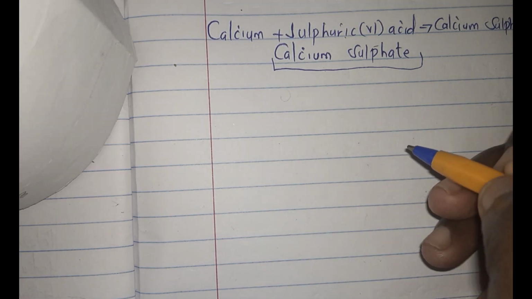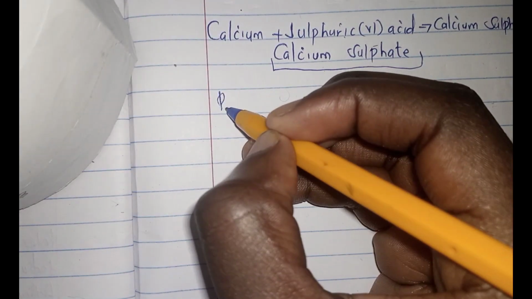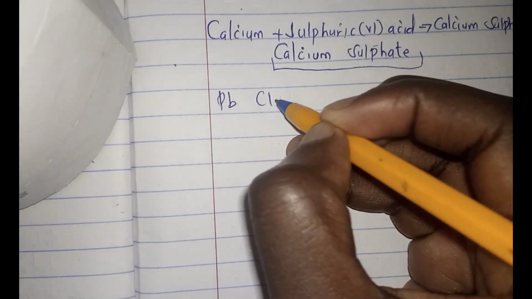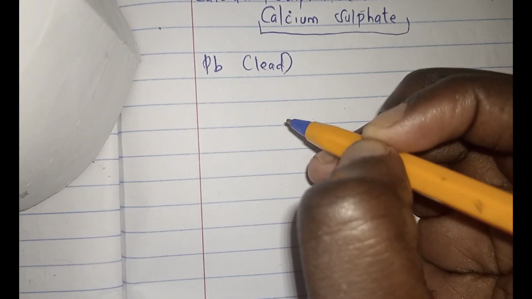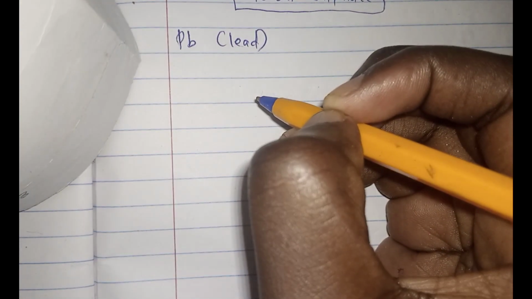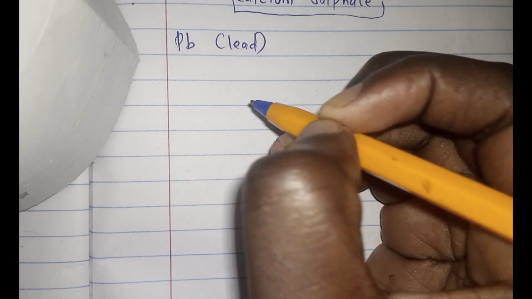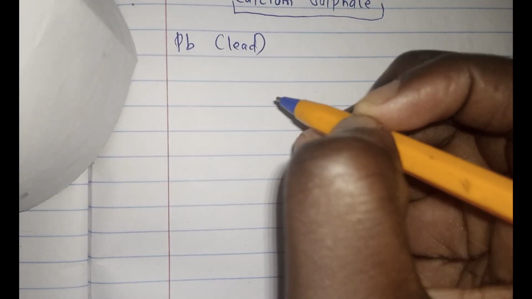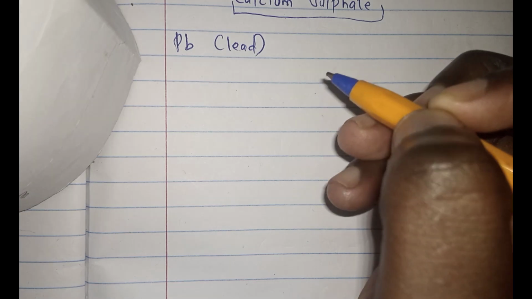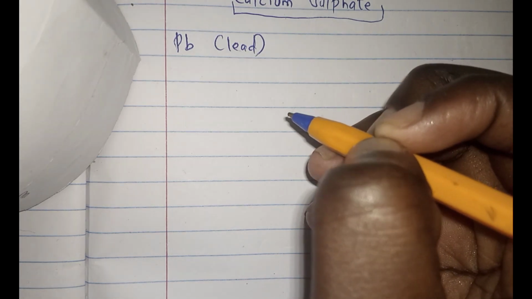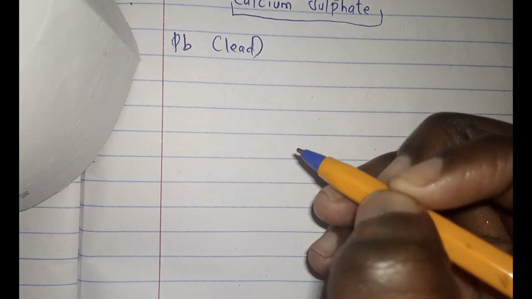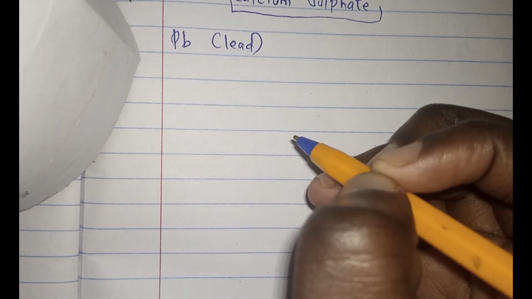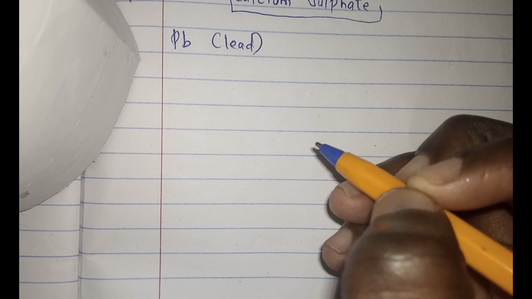And for lead metal, remember in the reactivity series, lead is not that reactive. So the reaction between lead and an acid, specifically hydrochloric acid and sulfuric acid, will be slow and will eventually stop due to the formation of an insoluble salt.